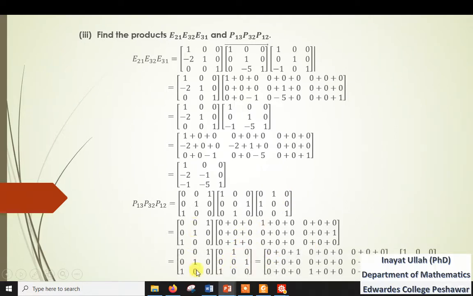Now multiply this with that matrix to get this matrix, and now calculating this sum to get this answer. So that is the product of these permutation matrices.